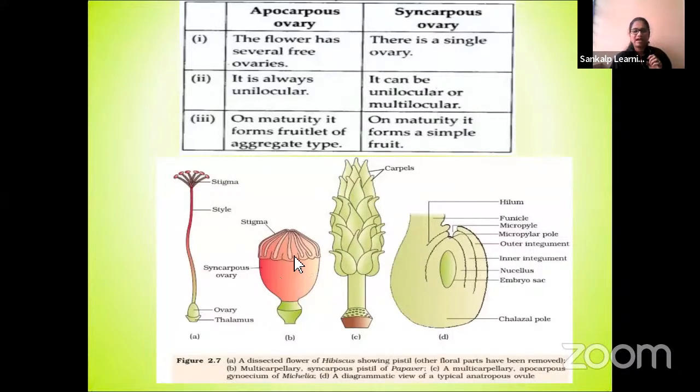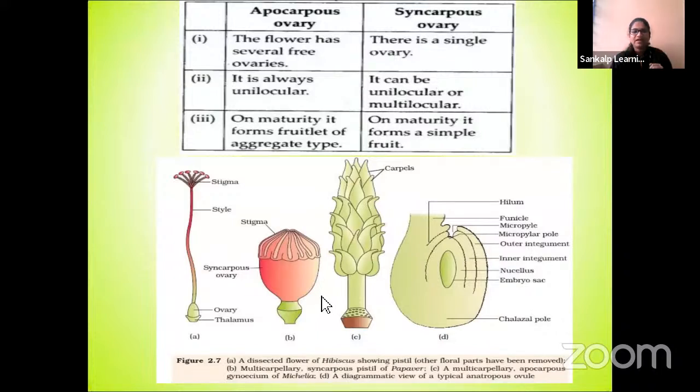The individual unit of the androecium we call a stamen. The individual unit of the gynoecium, or female reproductive part, we call a carpel. In some plants, as in option B, there is multicarpellary condition, meaning more than one female reproductive part, and those will be fused.